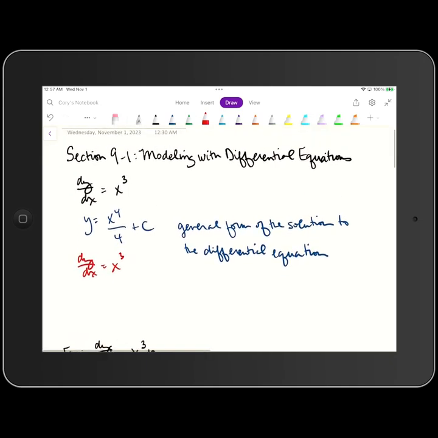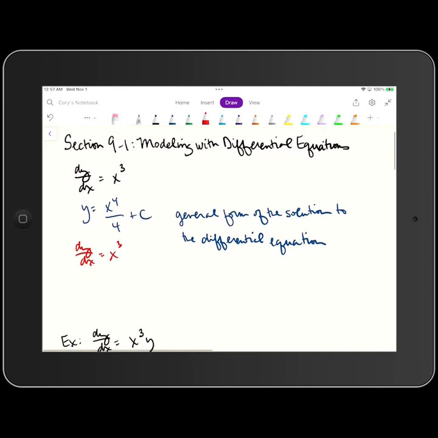Okay, so for me to do that here, I'm going to multiply both sides by dx. So that gives me dy is equal to x cubed dx. And then we are going to integrate both sides of this equation.